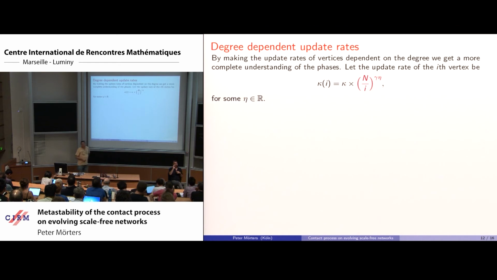And eta is a real value. So when eta is positive, we speed up the updating, and when eta is negative, we slow it down. So we can hope that when eta passes from -infinity to +infinity, we pass from the static case to the mean field case.